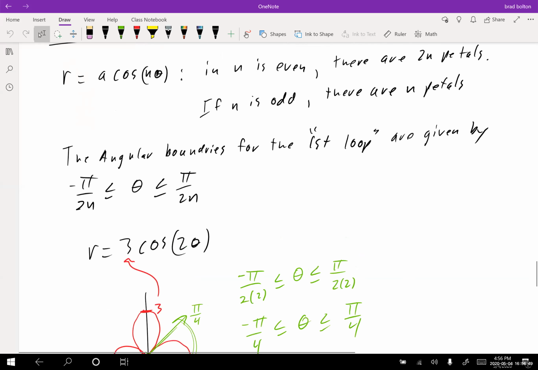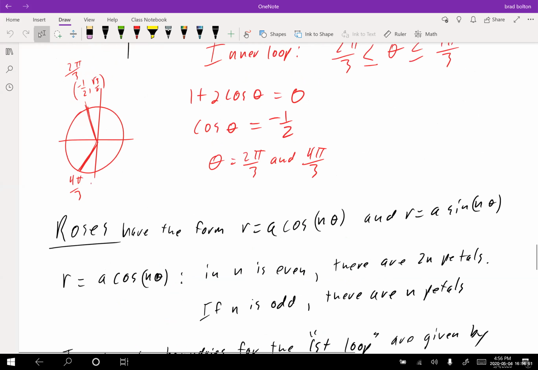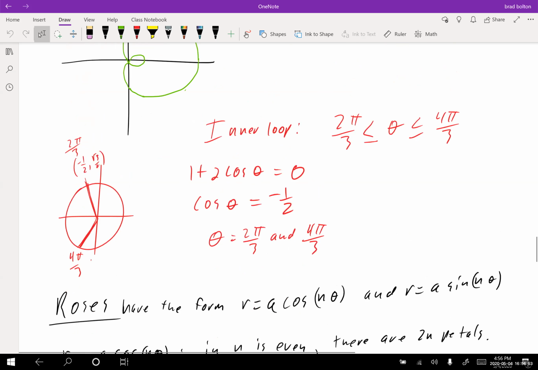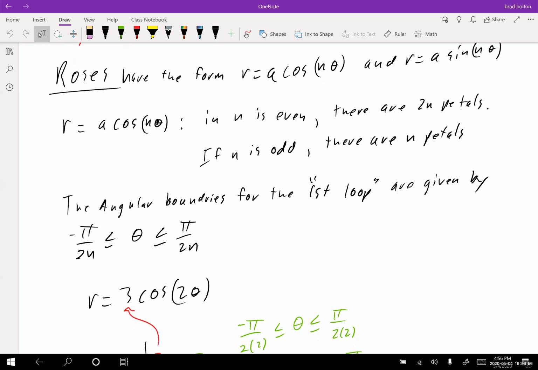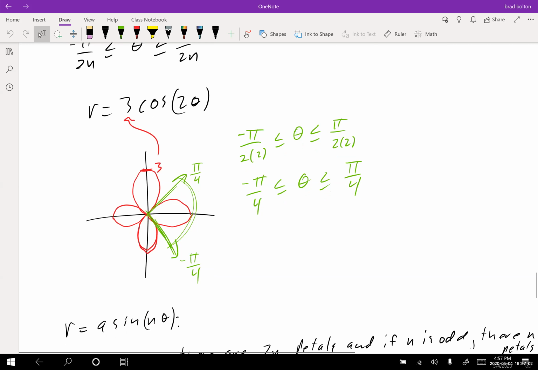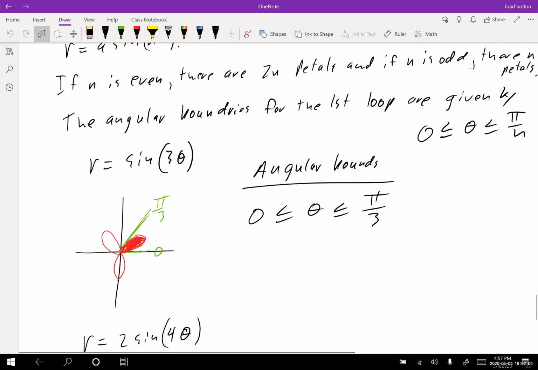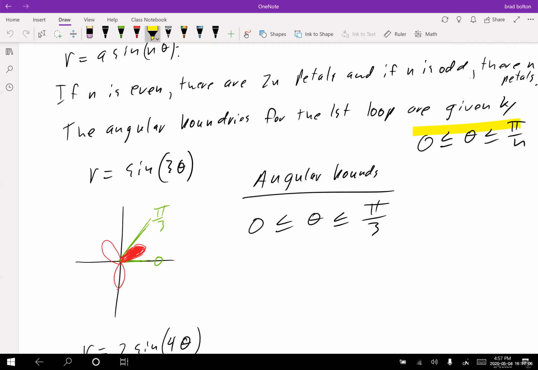And for cosine functions, it is negative pi over 2n to pi over 2n. So we're dealing with sine, so we're going to use 0 to pi over n.